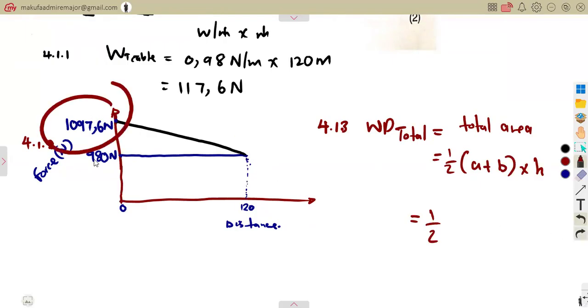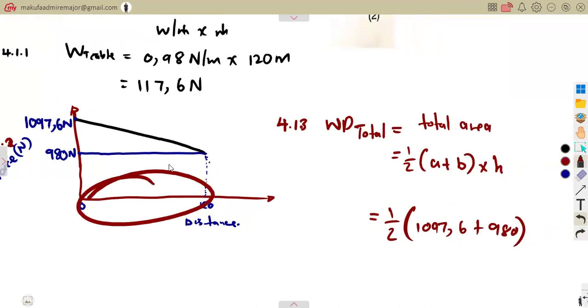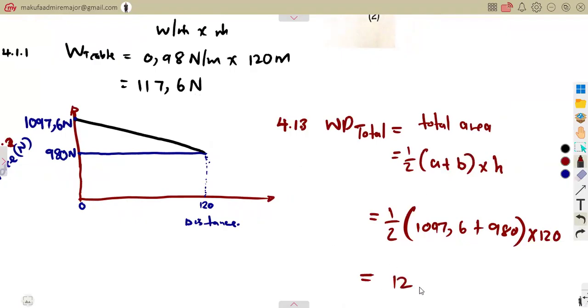So this side corresponds to the top of 1097.6 plus this side corresponds to 980, times the perpendicular height, which is the distance in between the parallel sides. That's a distance of 120. That gives us the total work done of 124,656 joules. You can even write it in kilojoules.